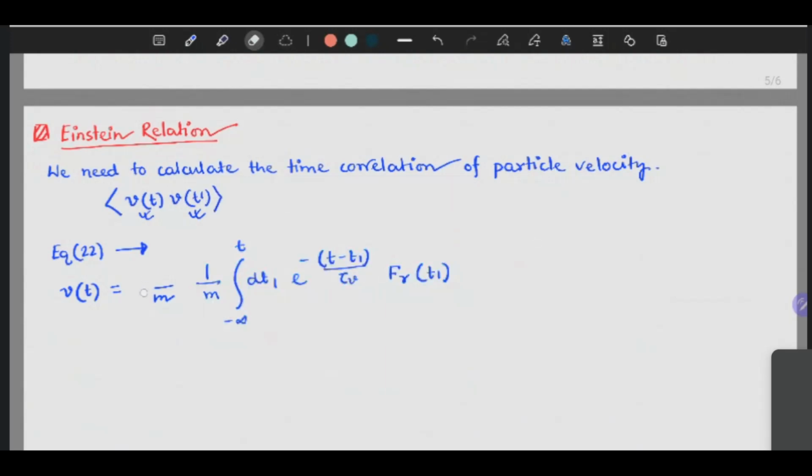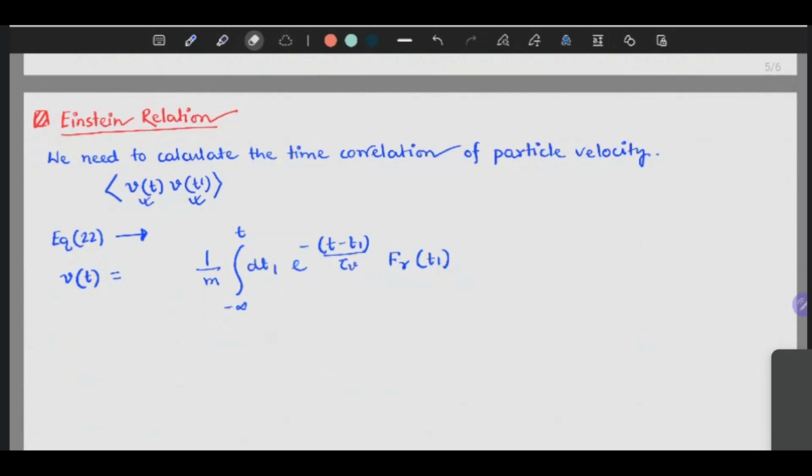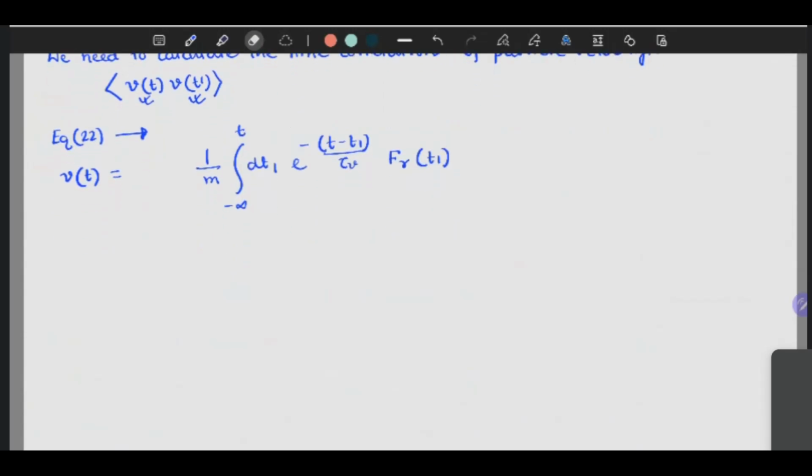So this is V(t), and we will also take help from equation 26, which is F_R(t') and 2 gamma k_B T delta(t minus t').